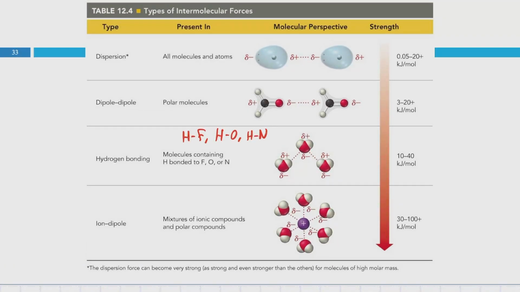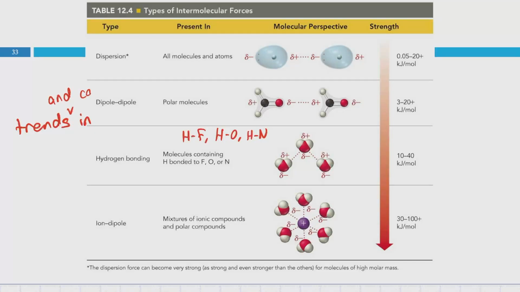So some good things to know: the four types, where they're present or what causes them, and general trends. And comparisons, like the example problems that we did.